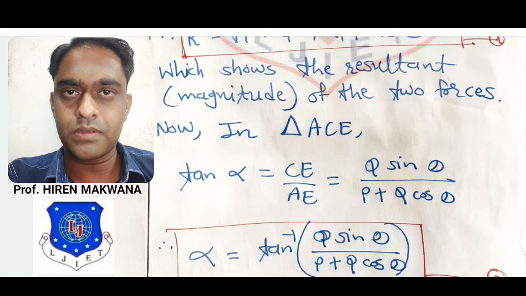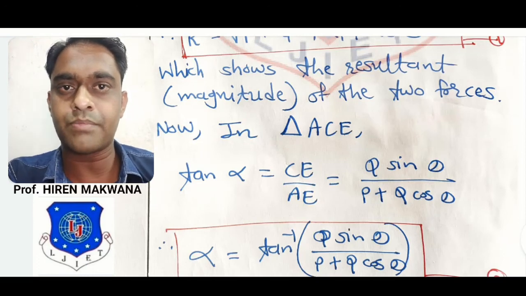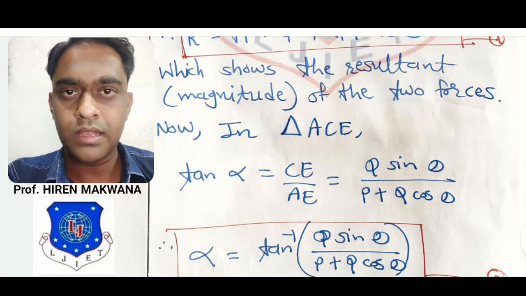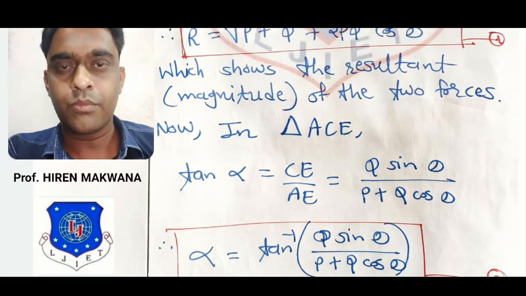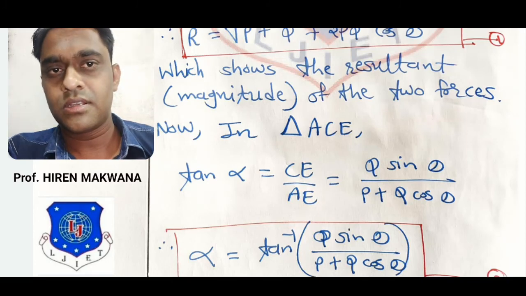These parallelogram based problems are used to solve practical situations like pulling of ropes, pulling of a boat, pulling of two vehicles, pulling of tables, pulling of chairs. Similarly, you can see it in the pulling of electricity wires.